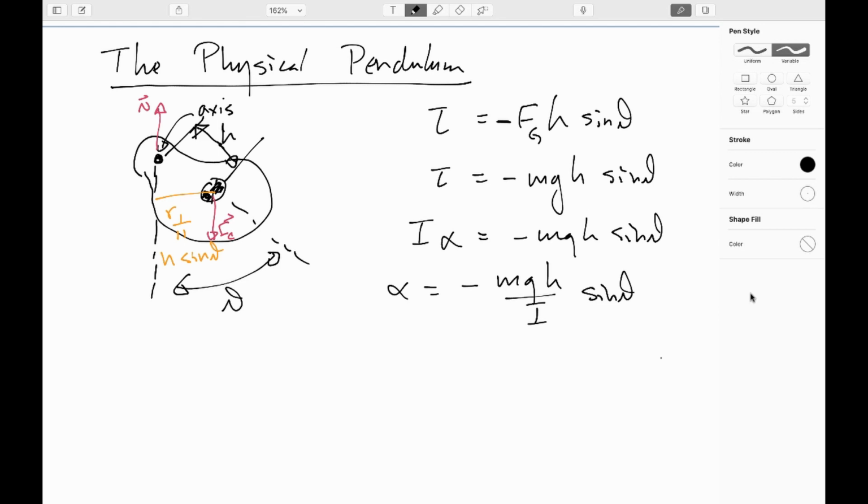Now this does not fit our functional form, so it is not a simple harmonic oscillator yet. If you need to do it carefully and use this functional form, there is an answer, and it's a horrifying thing called an incomplete elliptic integral of the first kind.